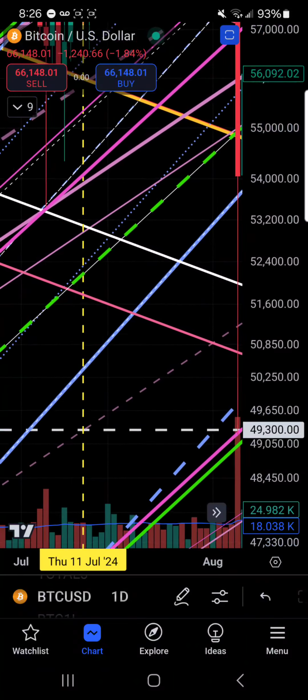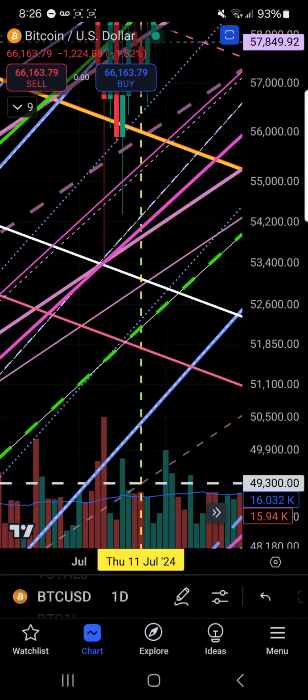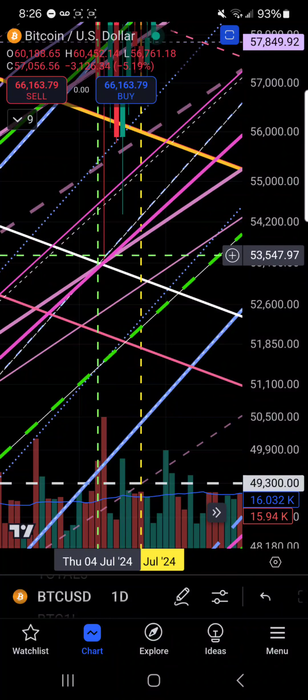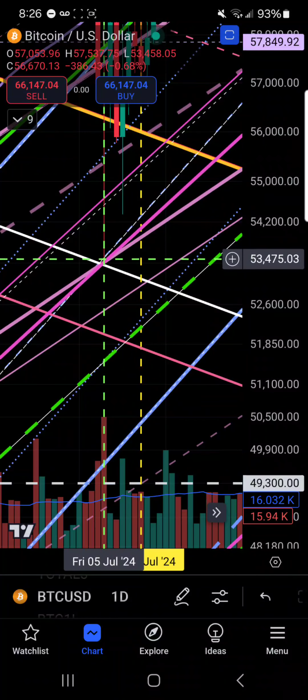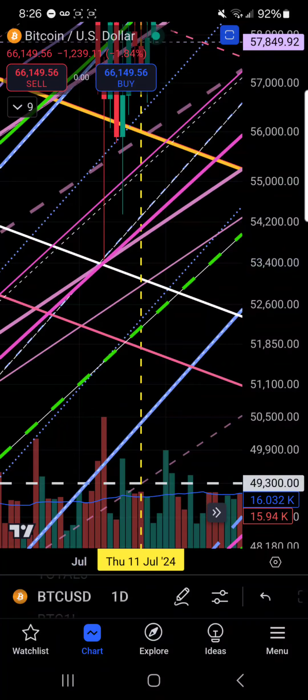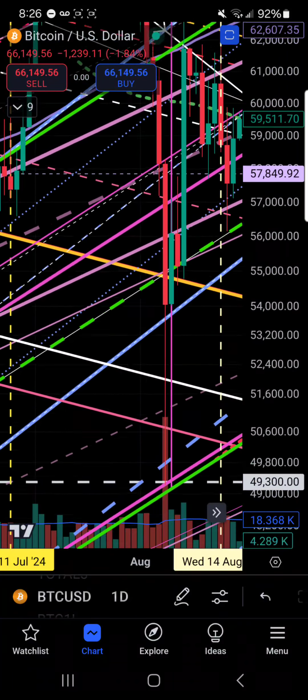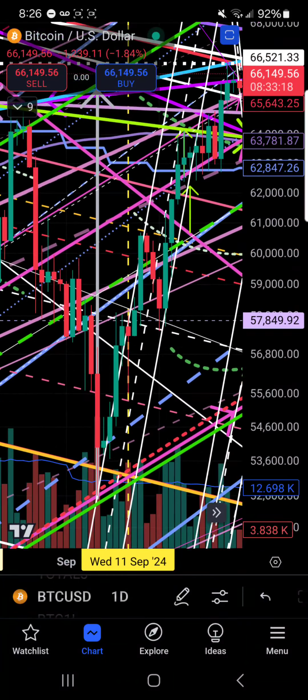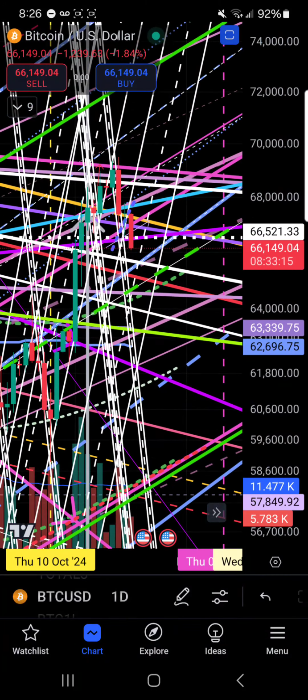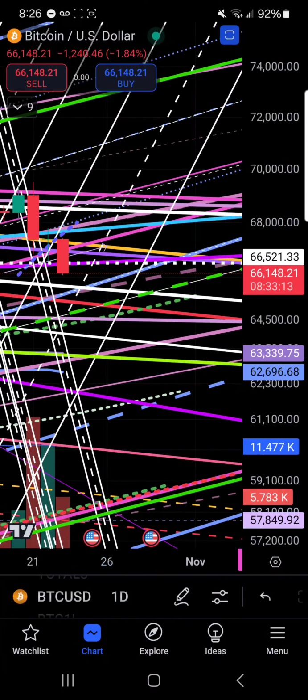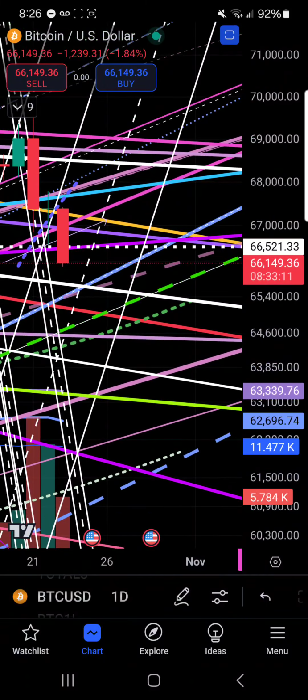Now the top of the channel, the pink line I just showed you, is connected here to this low before the 49K low at around 53.4. That creates a channel going up here that we just have fallen back into.